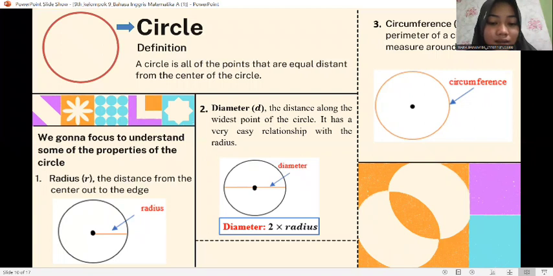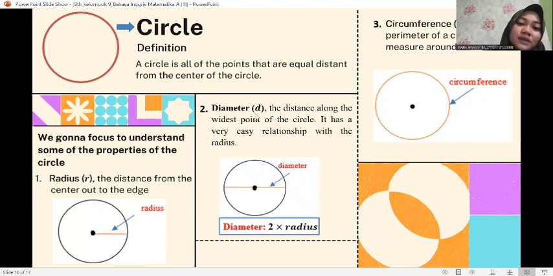Radius is from the midpoint to the end of the circle. So from the midpoint to here, to here, to here is the radius.